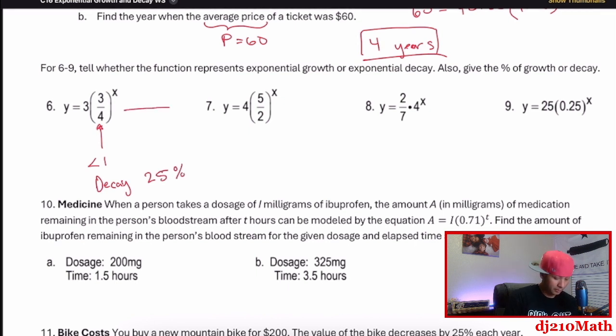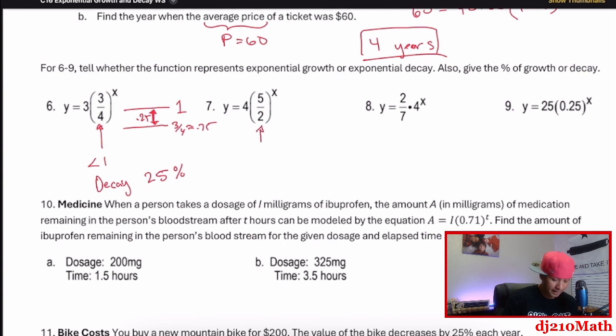If this line represents 1, 3/4 is definitely less. And it's like, okay, well, 3/4 can be written as 0.75. Right, that's what 3/4 is, 0.75. So it's like, how far is this distance? This distance is 0.25, which as a percentage times 100 will give you 25%.